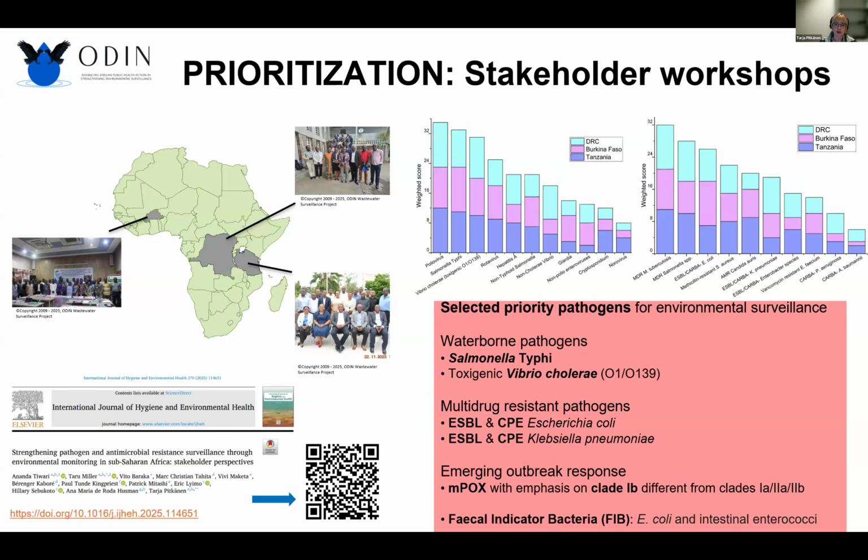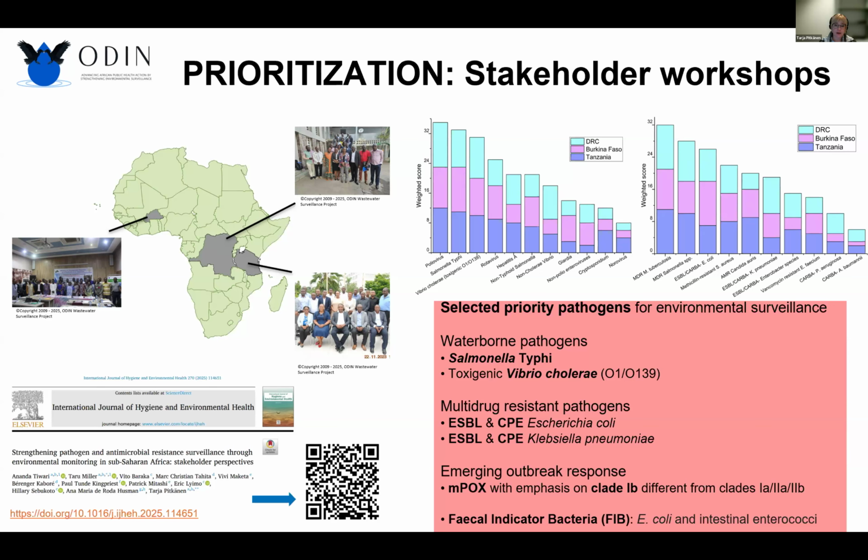Our selection of priority pathogens has 3 different elements. First of all, we were interested in including waterborne pathogens that cause disease burden in sub-Saharan Africa. So we selected Salmonella typhi and toxigenic Vibrio cholerae as our target pathogens.